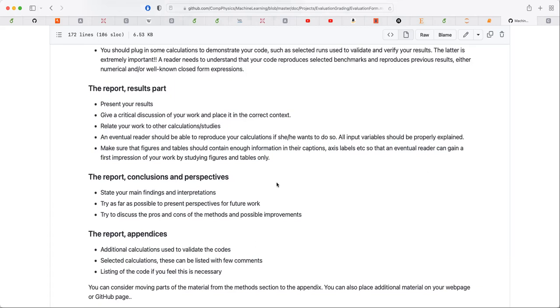So if you want to use a Jupyter Notebook, I would recommend to produce the figures for the report itself and save them and then place them as a figure in the Jupyter Notebook and have the code at the end of the Jupyter Notebook. That makes it much more readable.